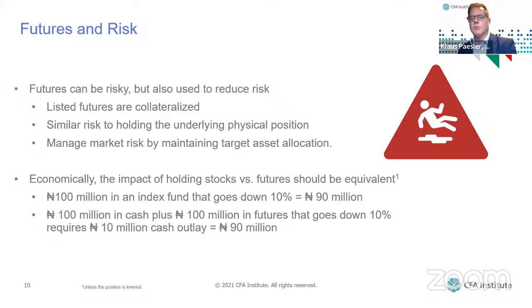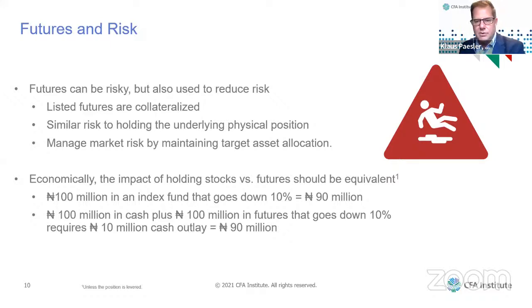Now, granted, this is unrealized and it is a paper value until those securities are liquidated, but the value itself, if that 100 million drops by 10%, goes down to 90 million. Similarly, if you're holding the cash and you purchase the futures to give you that market exposure, you have that 100 million in cash plus futures, and if the market drops 10%, 10 million of that cash has to be paid back out of your collateral, out of your margin.